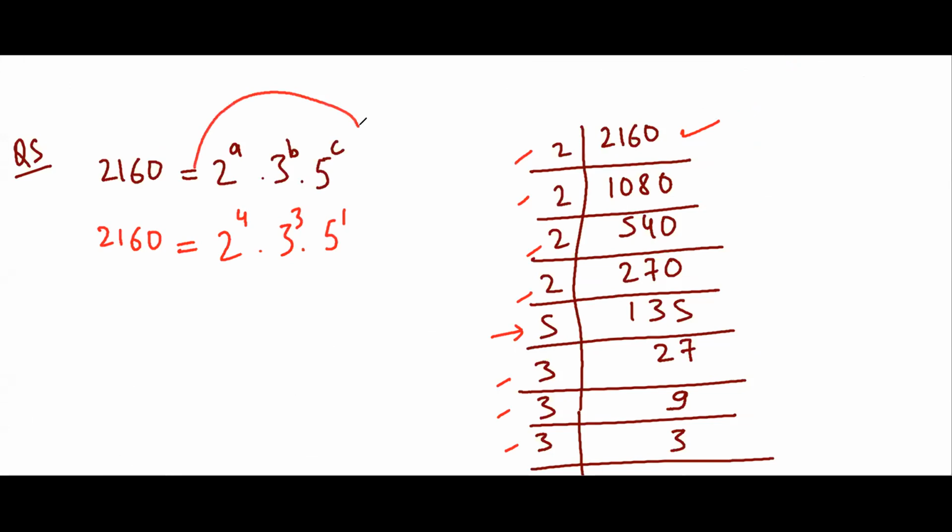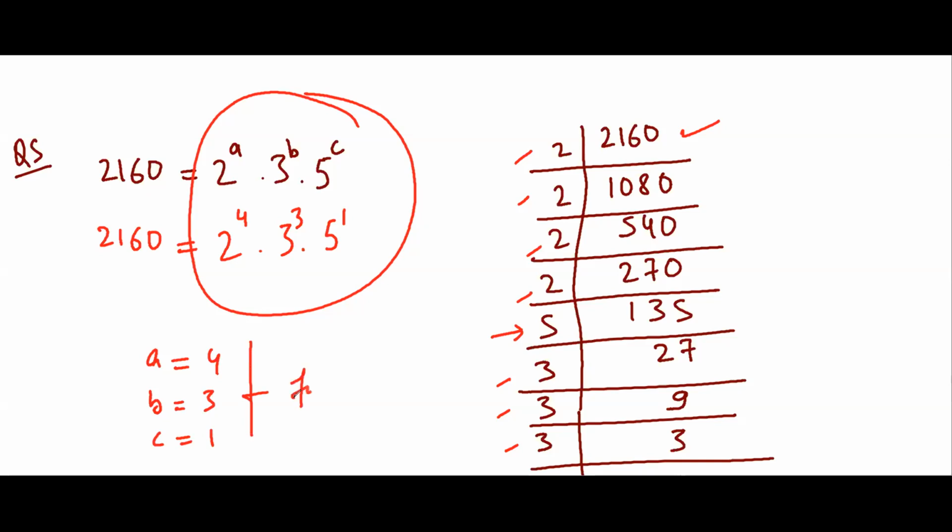Now when I compare these two, it is clear that a is equal to 4, b is equal to 3, c is equal to 1. This is the final answer.